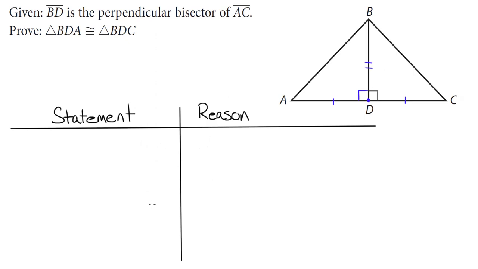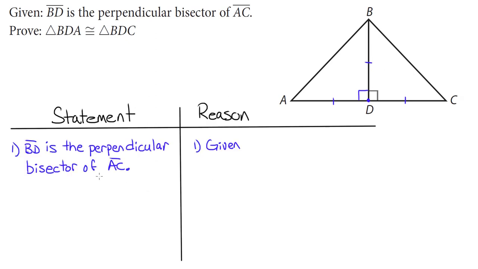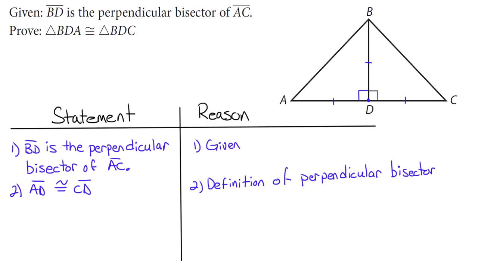So our first statement is that BD is the perpendicular bisector of AC, and that's given. Now that tells us two things. The first thing it tells us is that side AD is congruent to side CD, and our reason is definition of perpendicular bisector.